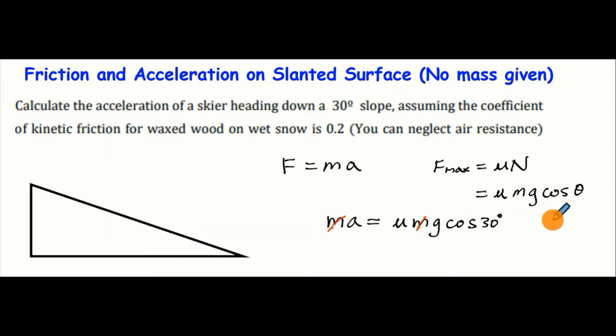And this is absolutely wrong. The reason: you are equating the force that is making acceleration happen to the maximum friction force, or simply to the friction force. Even if that's not the maximum force, that's still friction force.